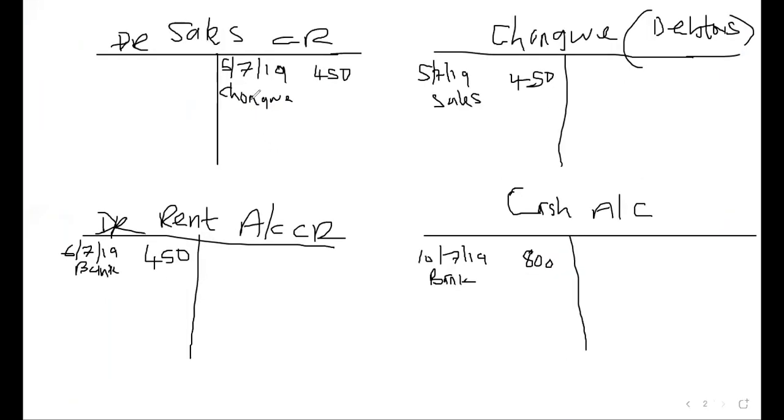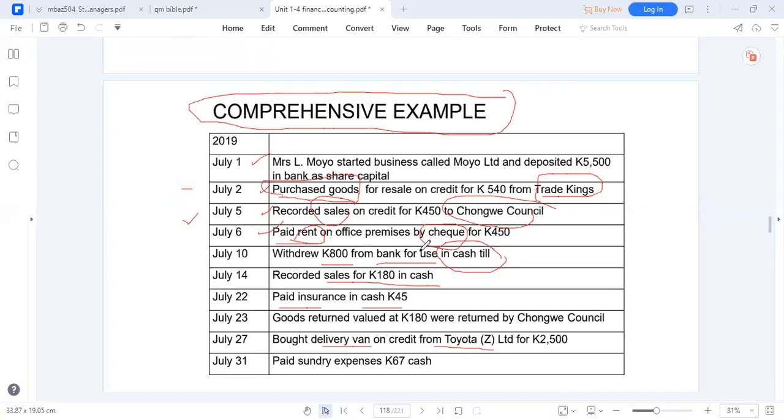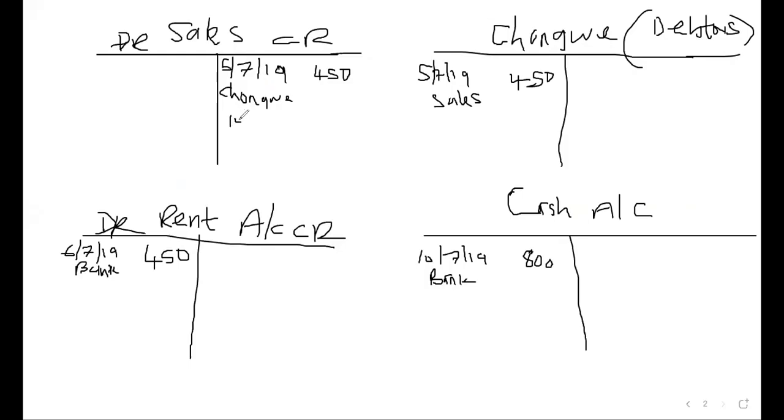Sales for cash, which date was it? The date was the 14th July. Okay, so we have this one going for cash, 180.